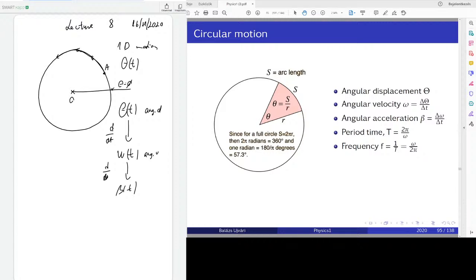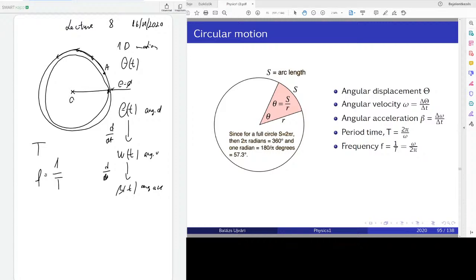These are the formulas you should know. So not only how to calculate the angular velocity from the angular displacement or angular acceleration from angular velocity, we have also the period of time, the time moving from one position to the same position, this is the period, and the frequency, which is 1 over T, the period of time.